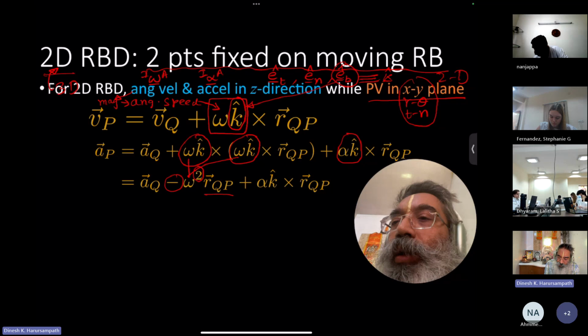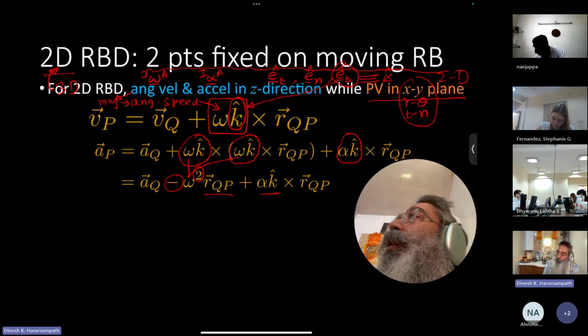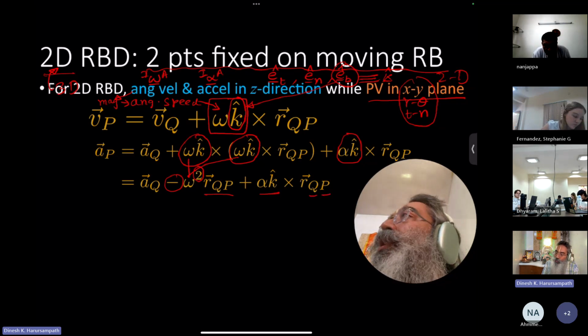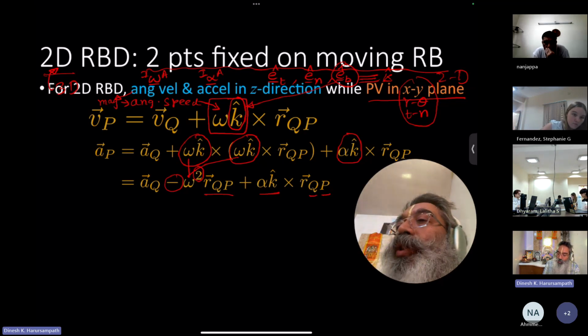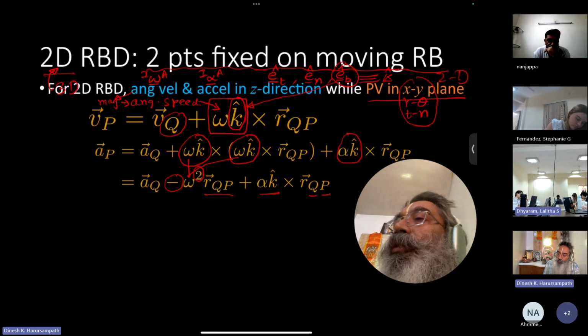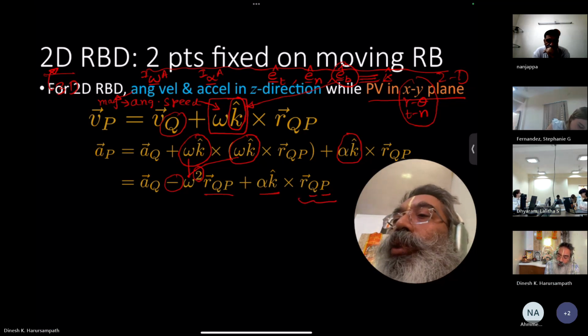So here we're not able to simplify it any further as of now, but we can do that once the actual points Q and P are specified, and then you know what the vector R is. But without loss of generality, you can introduce the coordinate system such that the position vector is emanating from Q, the point whose information you already have, and therefore this can be thought of as being along ER.